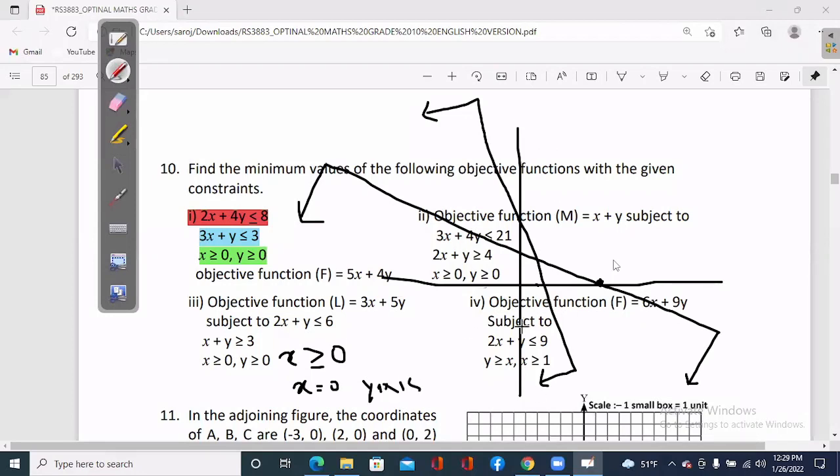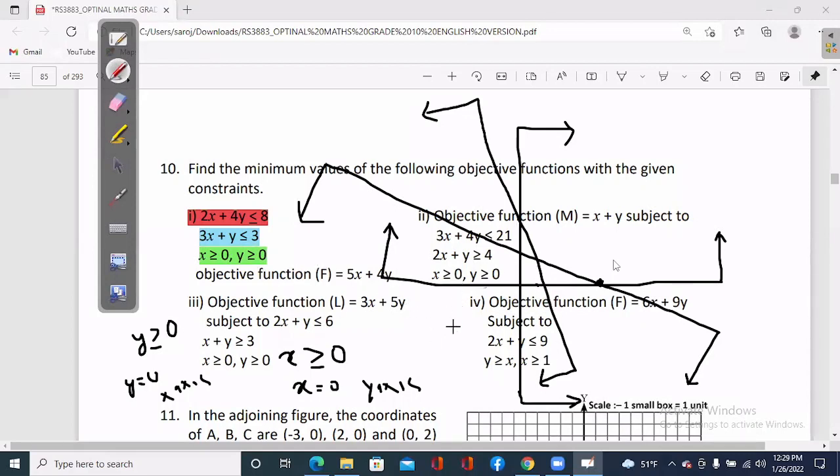So it is the y-axis, and the arrow will be like this way. This is x greater than 0 and y greater than 0. So the boundary line is y equals 0, which is the x-axis, and the arrow upwards. So in this way, Christy, you can see the 4 inequalities I have shown.